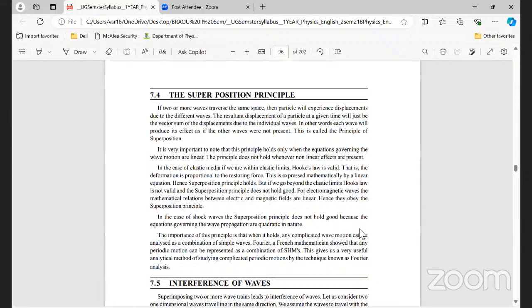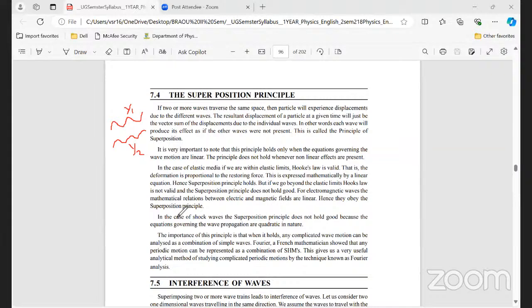Yes. But here, let us say one wave is moving, this is the first wave, with displacement y1, and another wave is moving like this with displacement y2.